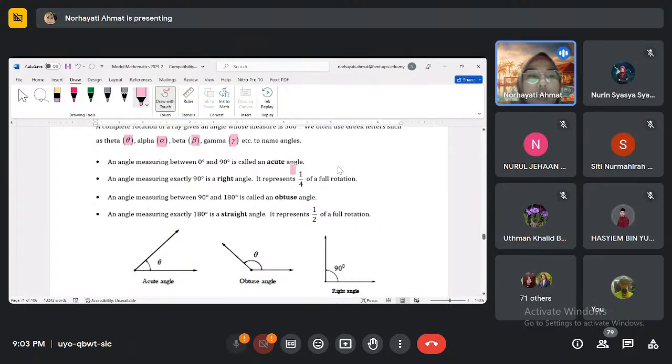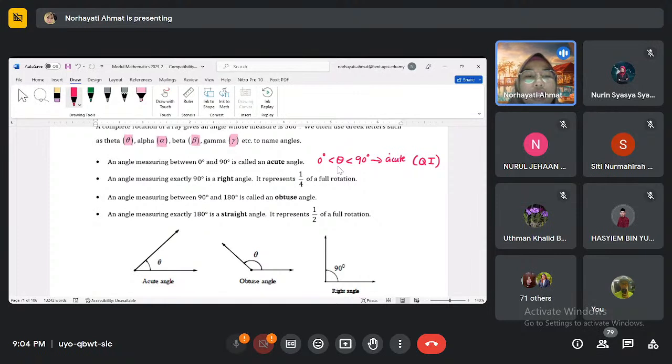Okay, maksudnya if the angle is between 0 and 90 degree, so we call this as acute angle. Okay, acute angle. Maksudnya dia lies in quadrant 1. Okay, the terminal side lies in first quadrant.